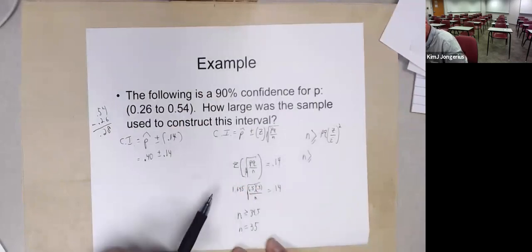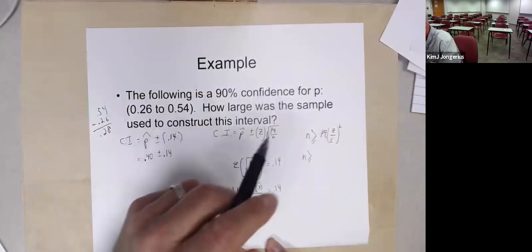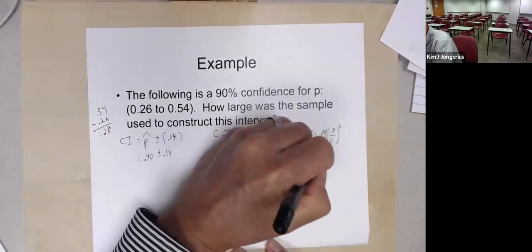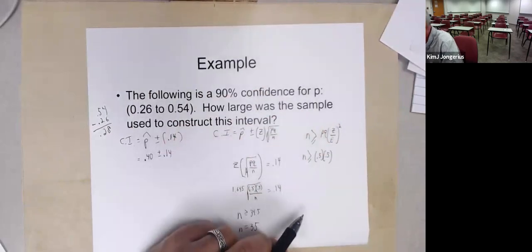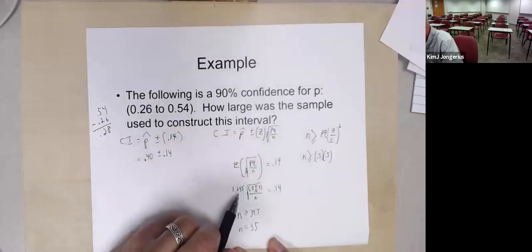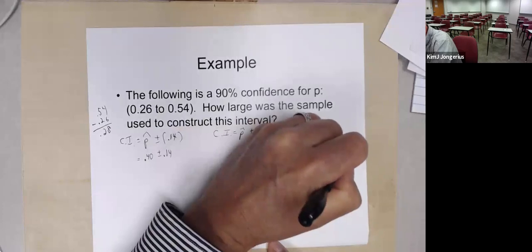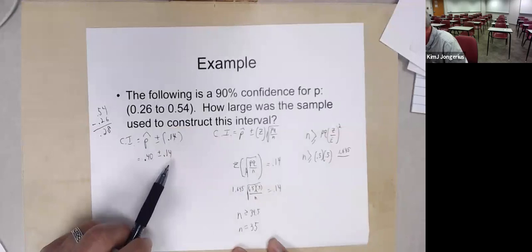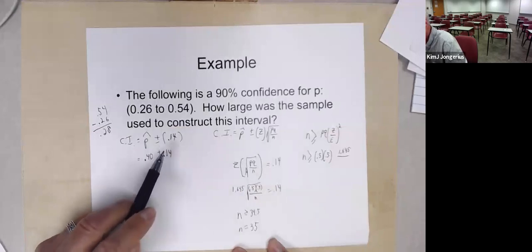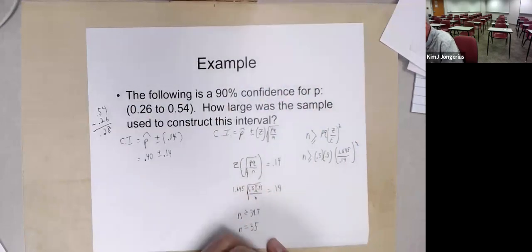The P and Q, because my interval contained 0.5, I would put 0.5 in for P and 0.5 in for Q. My Z-score would have been like it was here, 1.645, but I'm going to put that in for this Z. My allowable error was this 0.14 that I found up here, squaring that quotient.